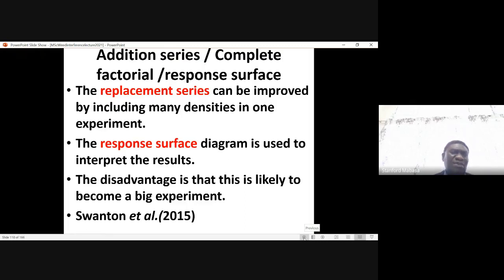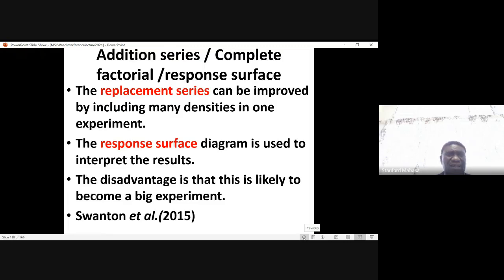But sometimes, because of too many treatments, incomplete factorial designs are used. It also uses a response surface for interpretation of the results. Sometimes it's just referred to as the response surface experiment.